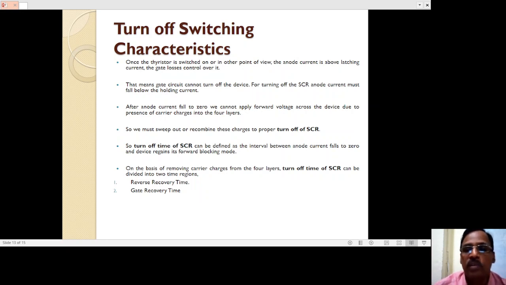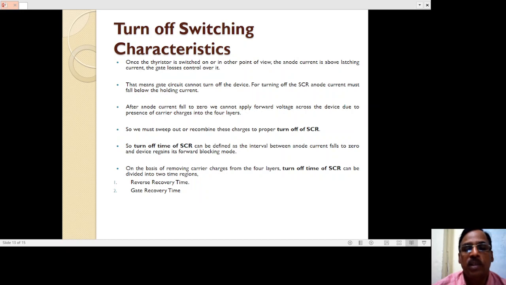Turn off time of SCR consists of the interval between anode current reaching 0 and your SCR regaining its forward blocking state, means junctions J1, J2, J3 become blocking.